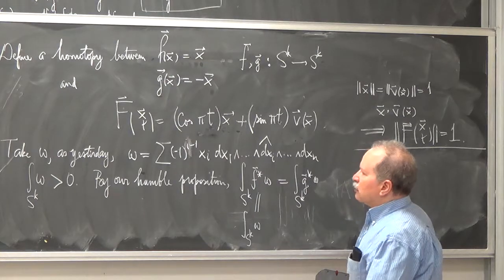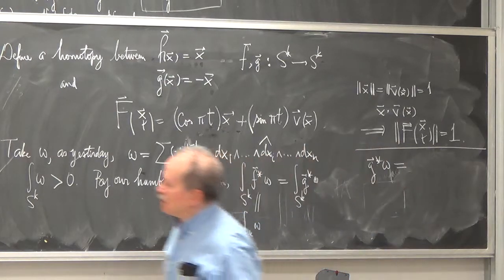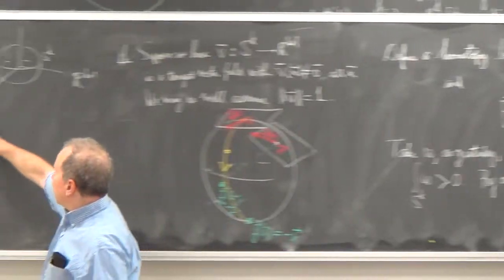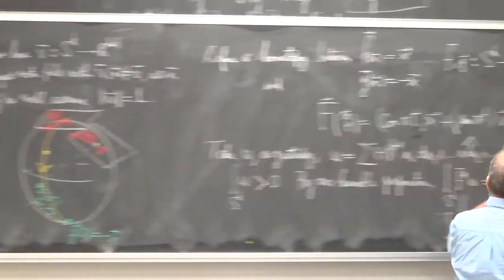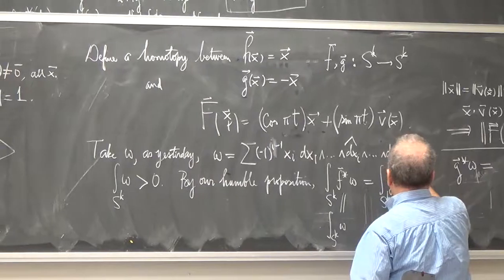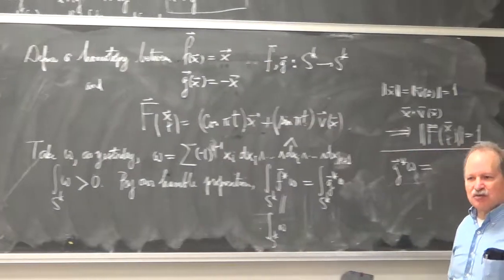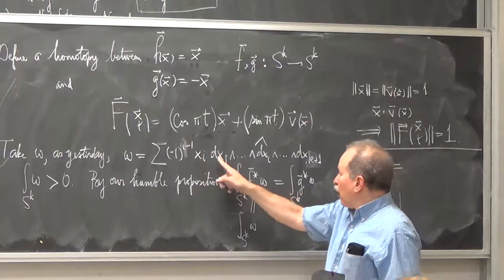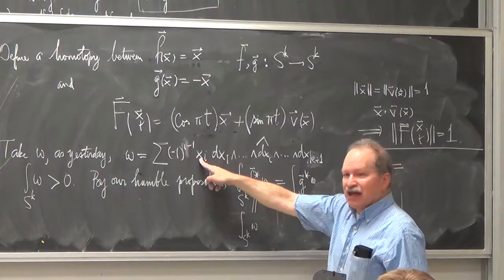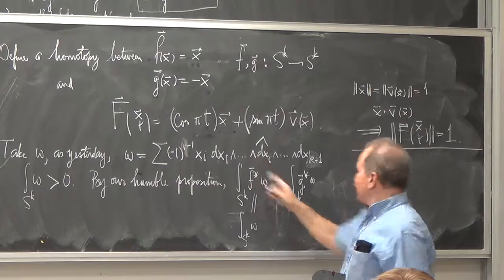Oh, I'm sorry, I shouldn't have an n. That's my fault. We're on the k-sphere in k plus 1 dimensions, so the n should have been k plus 1. How many minuses are there? One for each slot, because this guy is replacing this.